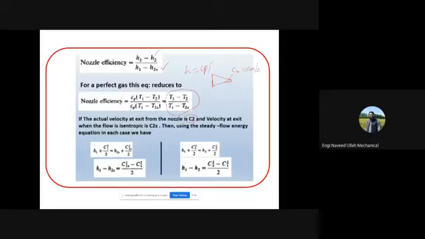This is your requirement. And you are considering that PV^gamma is equal to constant, an isentropic process inside this nozzle, right? But in actual, this nozzle is not 100% efficient, so there is a deviation from this isentropic behavior.